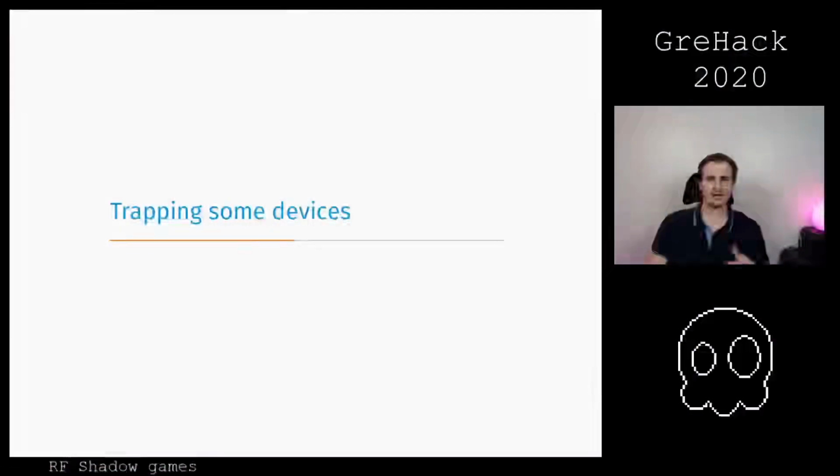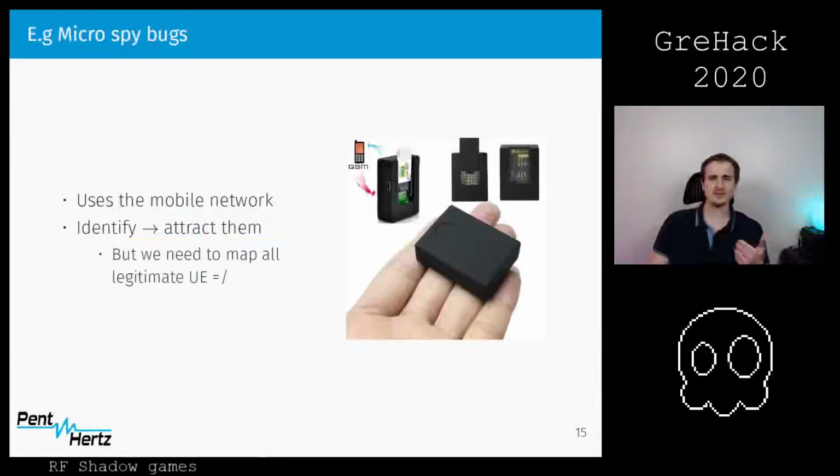If, for example, we take the microspy bugs, at some point they use the mobile network, and so you can maybe try to trap them, to attract them to a fake base station, in order to see if there are malicious things around or not.